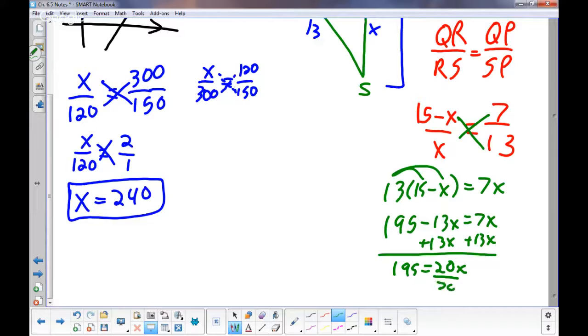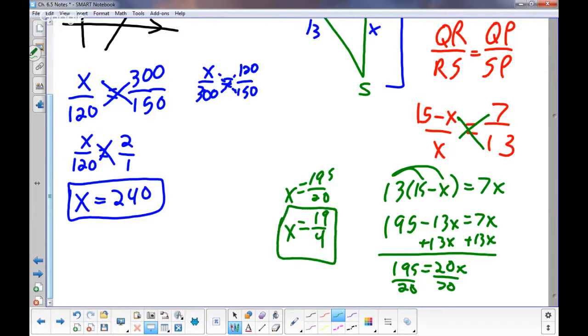I'm going to divide both sides by 20. Now we will notice that x is now equal to 195 over 20, and they're both divisible by 5. So if I cancel both of those by 5, I end up with 19 over 4. So in this case, x equals 19 over 4, and there's my answer.